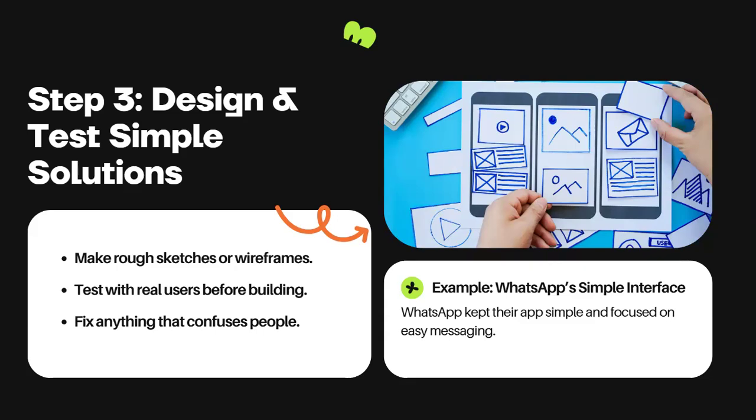WhatsApp kept their app as simple as possible. It is one of the simplest apps I know because it's focused on messaging, just come, chat and go. No complicated stuff. It's only now that they started adding some other features.